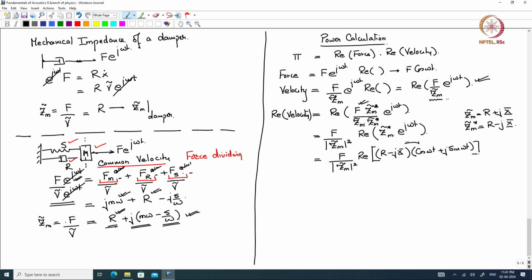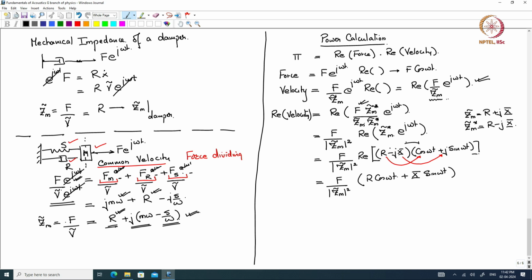Okay. So, now this product is real, this times this product is real, and this times this product is real. The other products are imaginary, they will not be selected. So, now we get F divided by Z mechanical, amplitude squared, into R cos omega t plus x sin omega t.